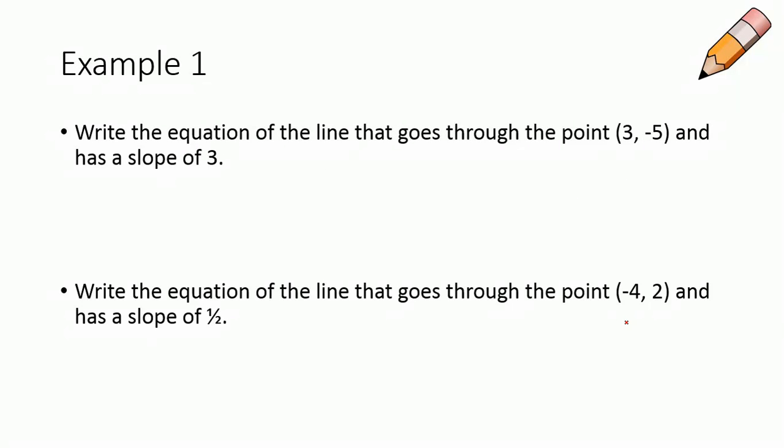Let's try a few examples so we can kind of see how it goes. So I need to write the equation of the line that goes through the point 3, -5 and has a slope of 3. So I am always going to want to think of this following form. My slope times (x minus h) plus k. Okay?